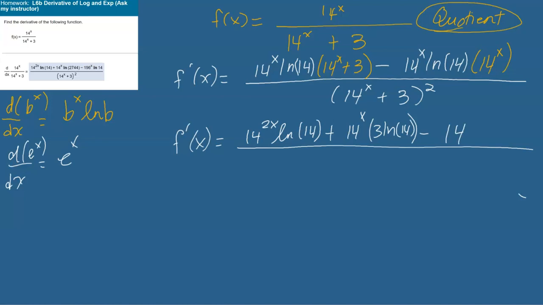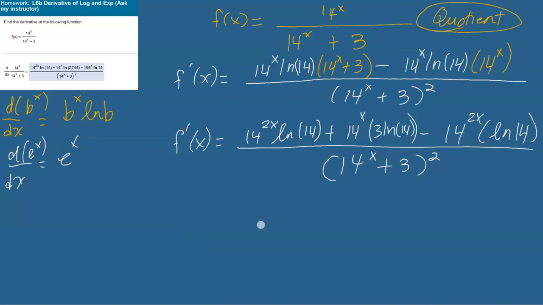So that would be 14 to the 2x ln of 14, all divided by 14 to the x plus 3 squared.